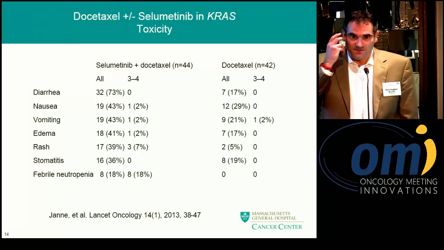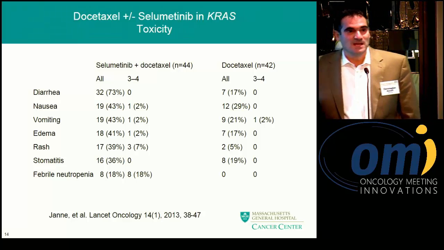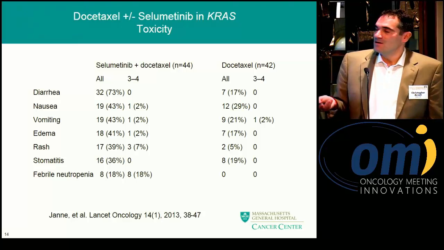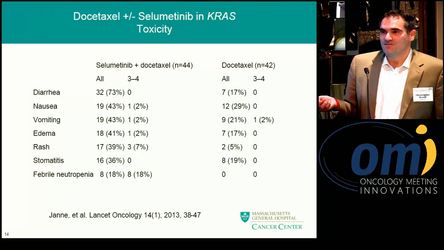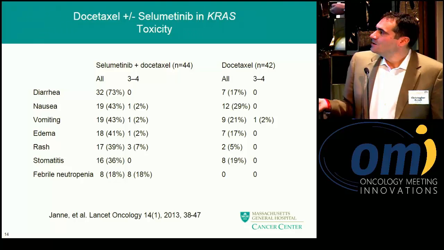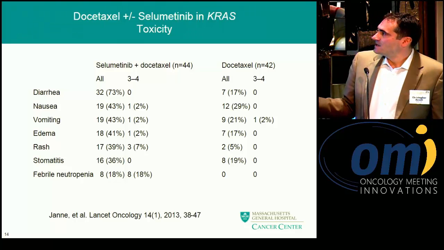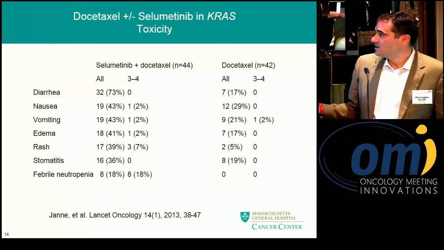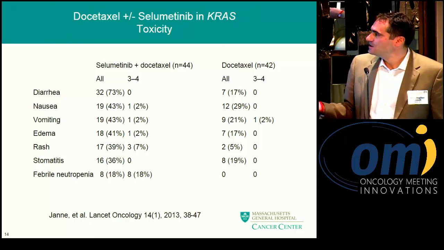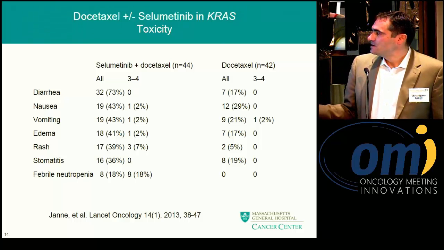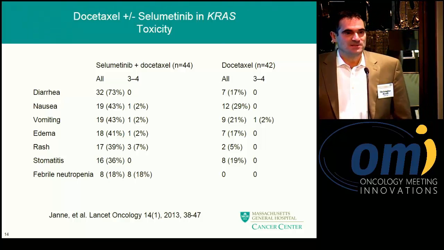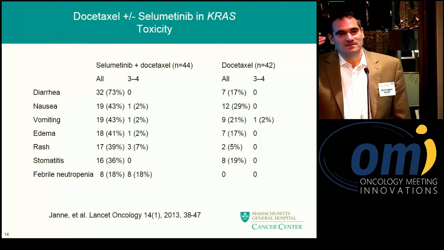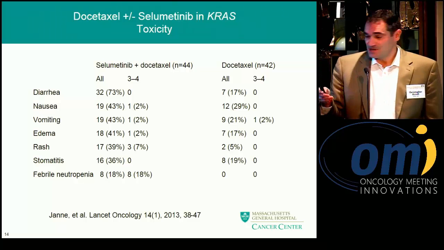If you put people on this combination, it's toxic mostly because of the 75 per meter squared of docetaxel. But indeed, when you add the MEK inhibitor to docetaxel, you increase rates of diarrhea, nausea, vomiting, peripheral edema. You get this macular rash, mouth sores, and I've seen a couple of patients with retinopathy and visual changes.